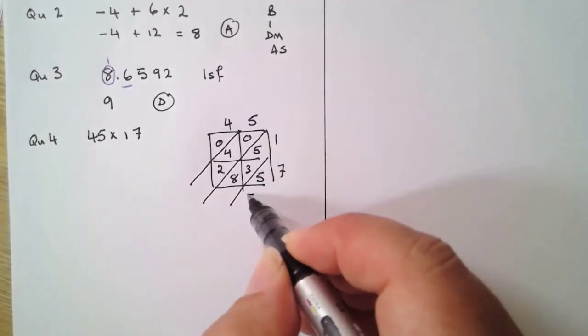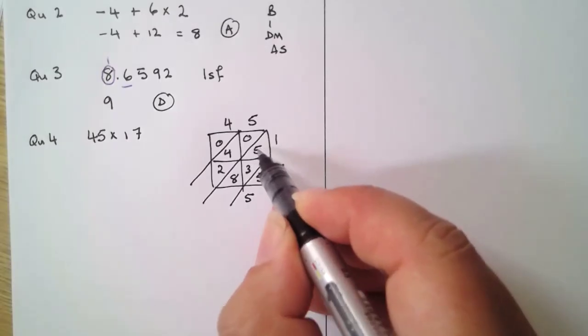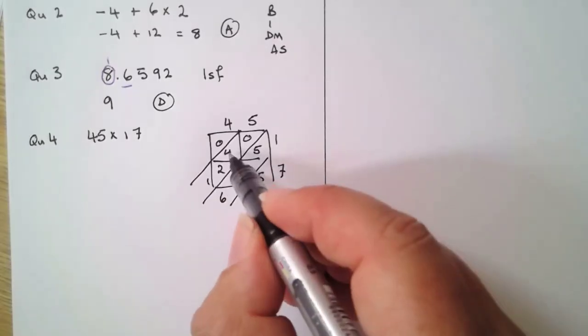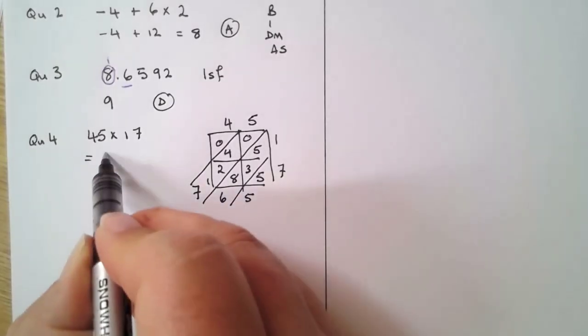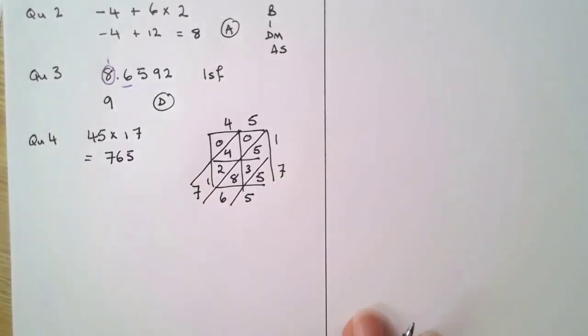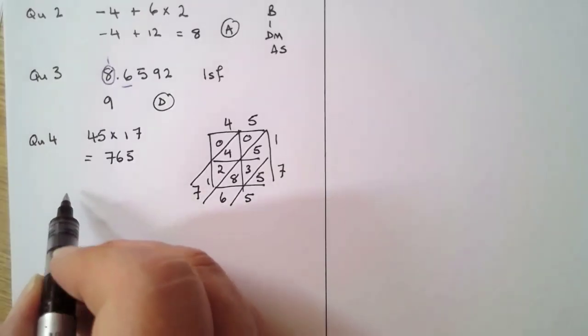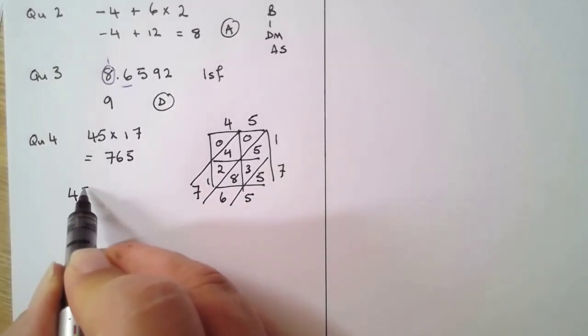And I'm going to add down here, 8 and 8 is 16, carry 1, 6, 7. The answer is 765. If you prefer the column method, you could do it that way.